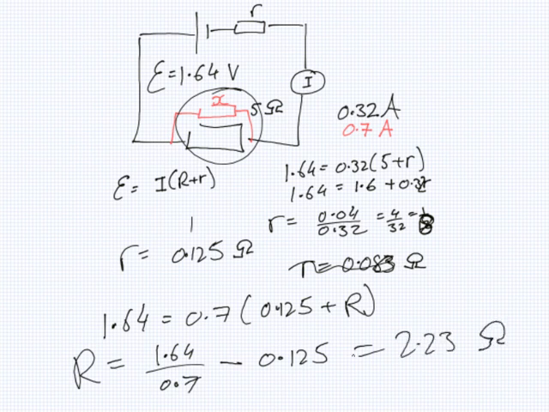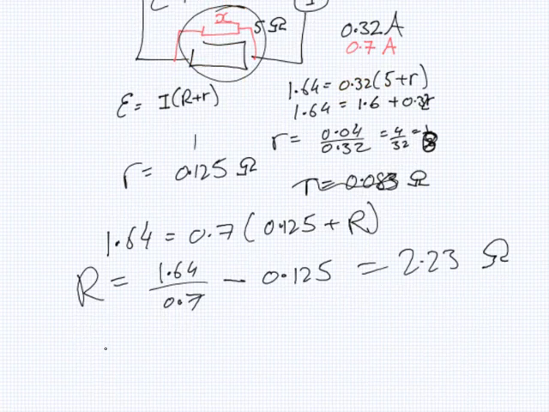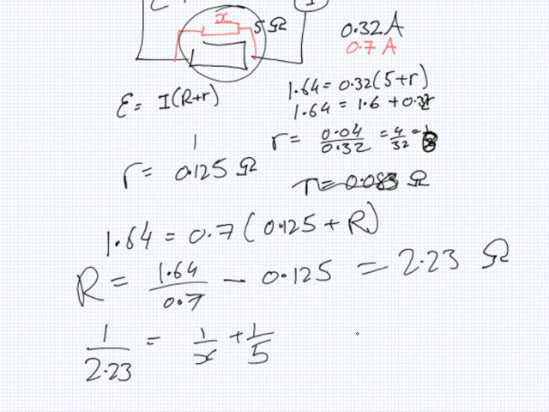Now, how do we get the R if it's in parallel? Well, 1 over R should equal 1 over x plus 1 over 5. So that means x will equal 1 over 2.23 minus 1 over 5 when you rearrange it.